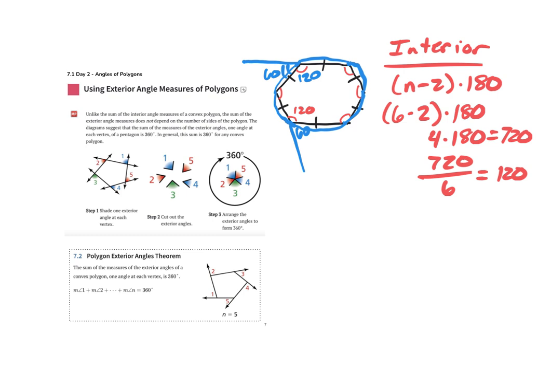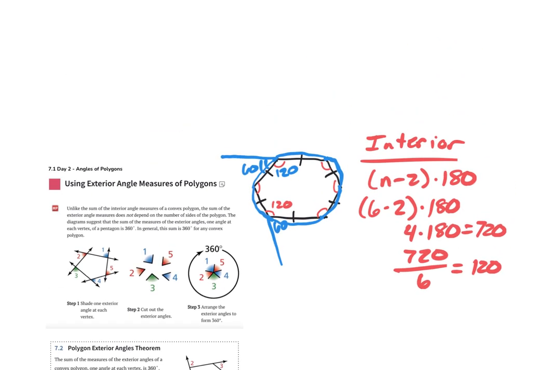360, okay? What if I only have 3 sides? 360. What if I have 12 sides? 360, okay? Because if I were to draw a triangle up here, and I go from here, and I go around, I've formed 360 degrees, okay?